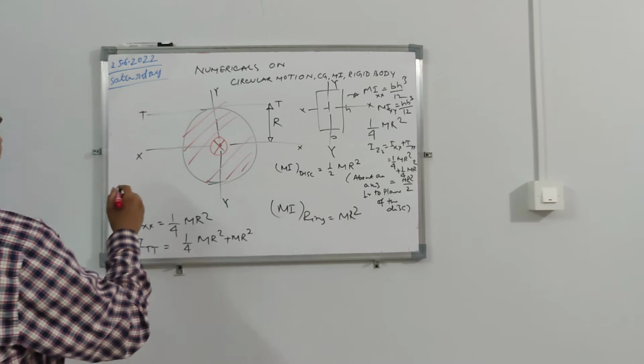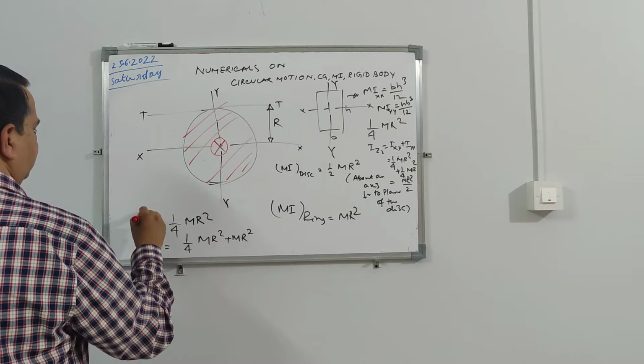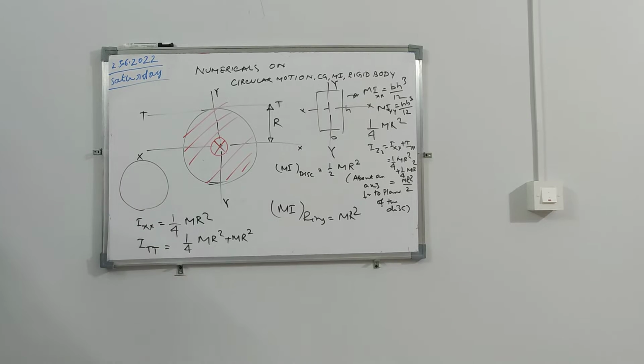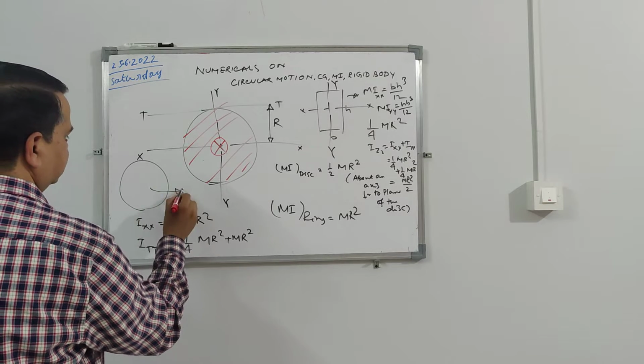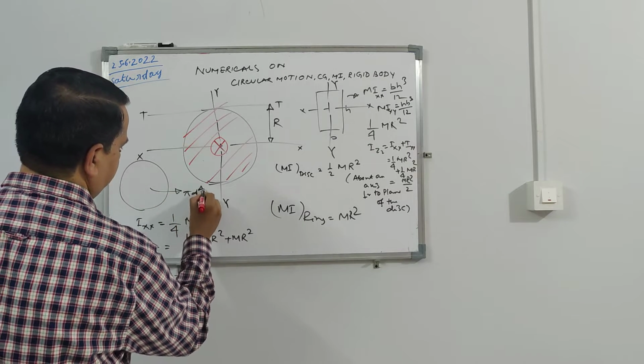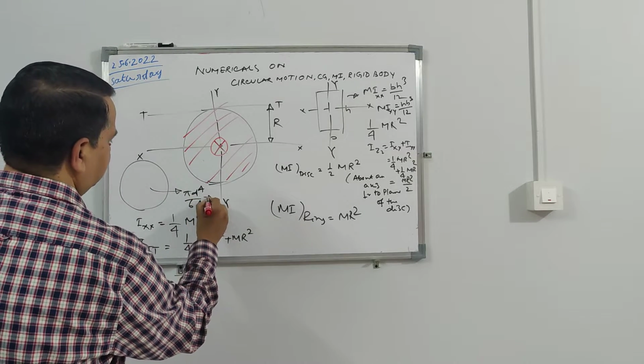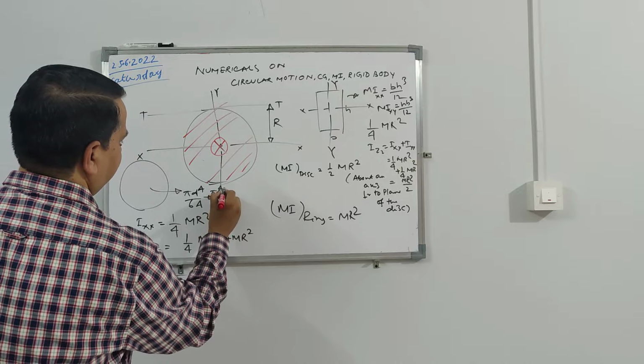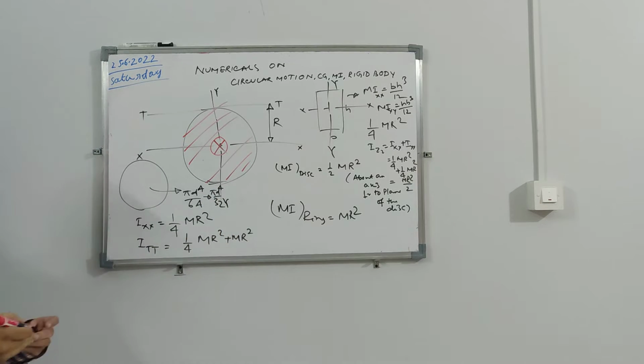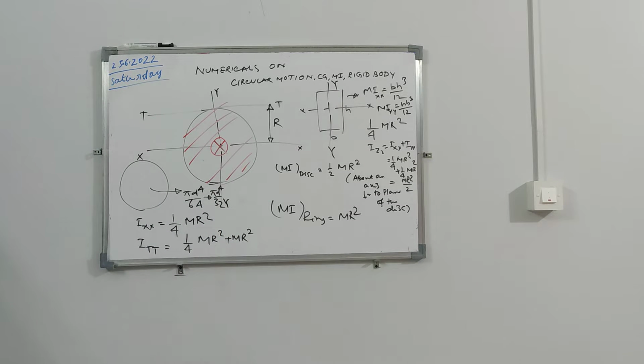And then, if you want to find the area moment of inertia of a circle, it is pi d to the fourth by 64 about the diameter, and about the axis perpendicular to it, it will be pi d to the fourth by 32.